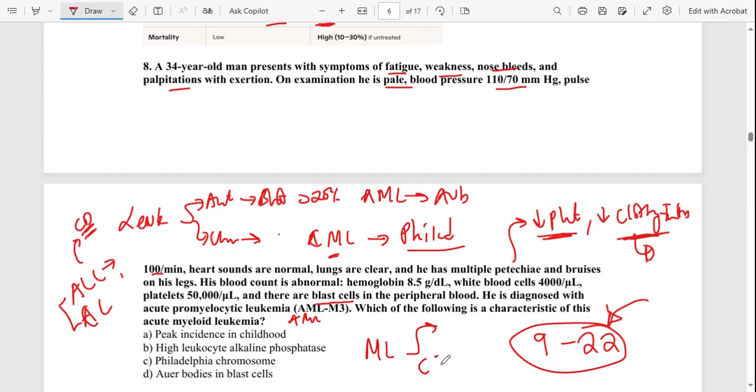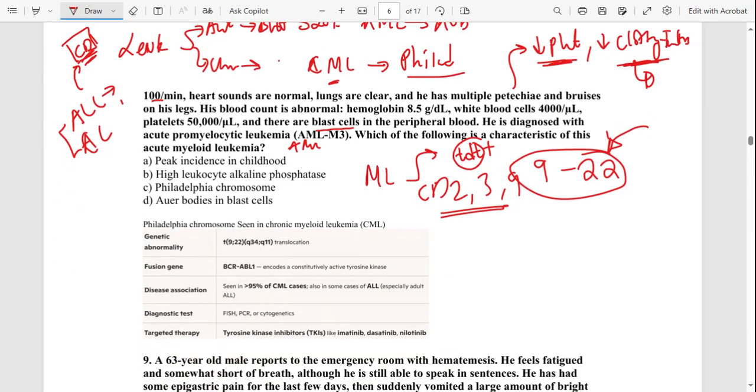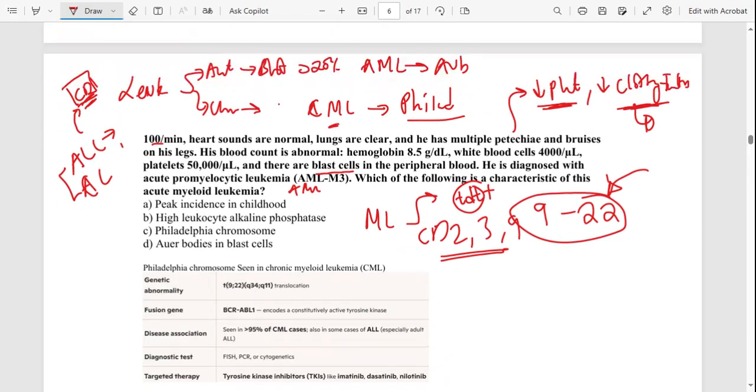Normally, these guys are going to be carrying single digits, for example CD2, CD3, CD9. When you see single numbers, you are going to be suspecting that's the acute. And then these guys will also be TDT positive. I think that's the one. So please take note of the myeloid ones: Auer bodies in acute, and then Philadelphia in the chronic.